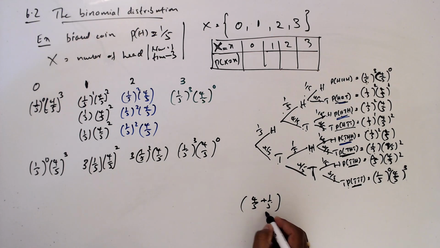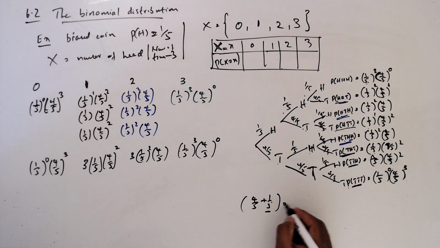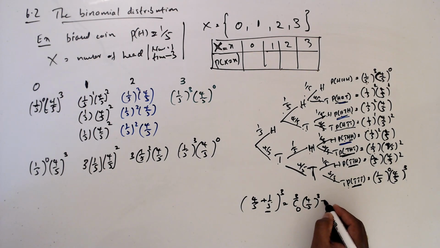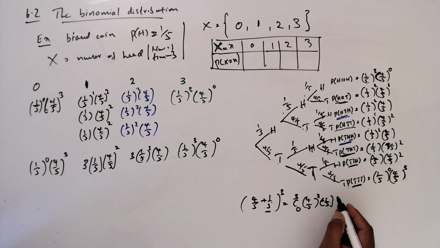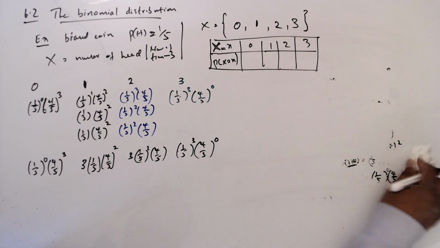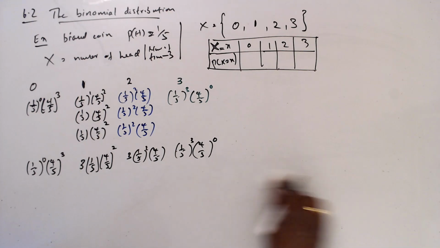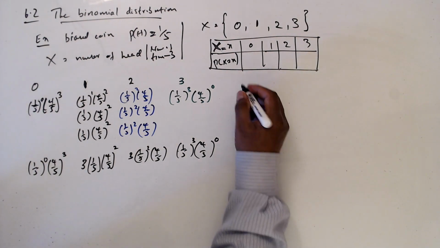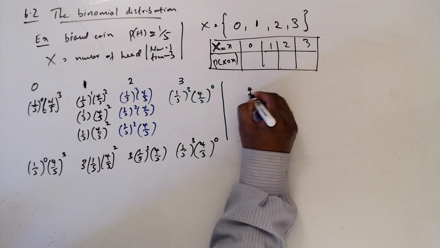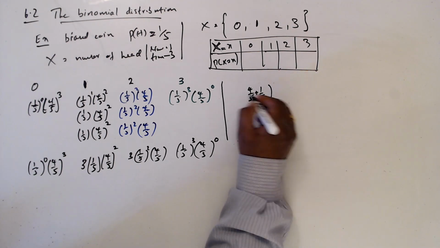So this is the success we need, 1/5 we need, probability of head. So this is 3: 3C0 (4/5)^3 and 1/5. So I'm going to write (4/5 + 1/5) to the power 3.